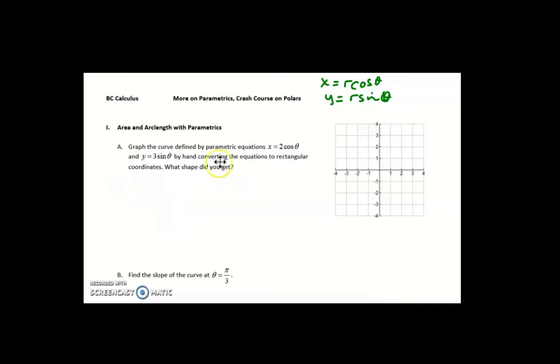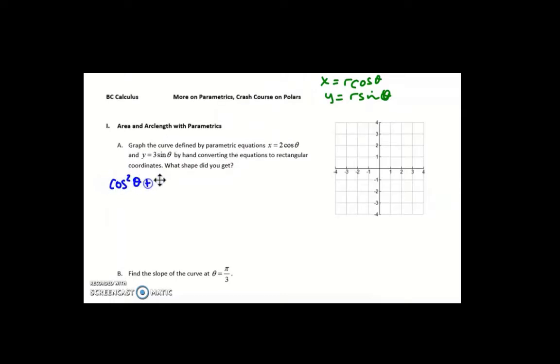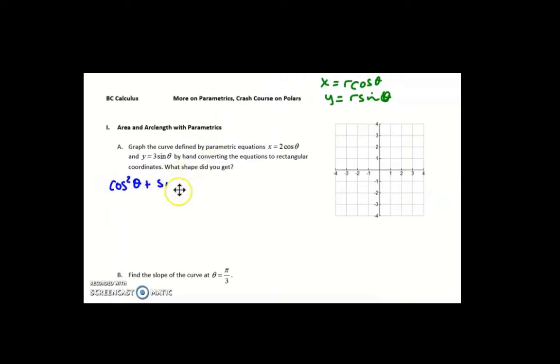If you recall from trig, you know that cosine squared theta plus sine squared theta equals 1. Since we have 2 cosine theta equals x, we know that cosine theta equals x over 2.